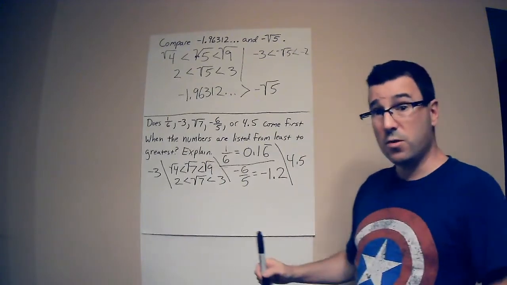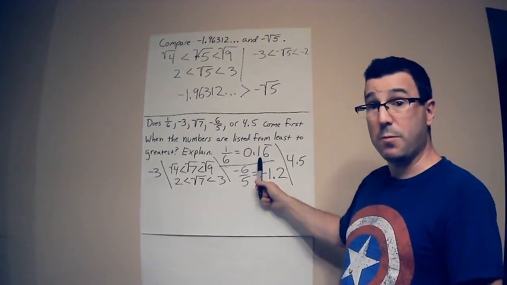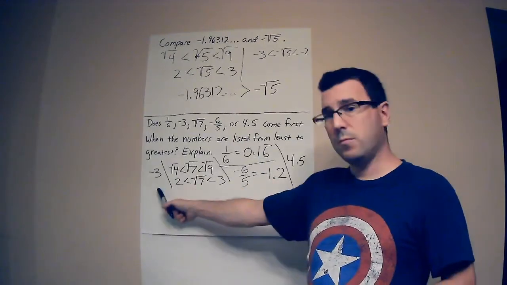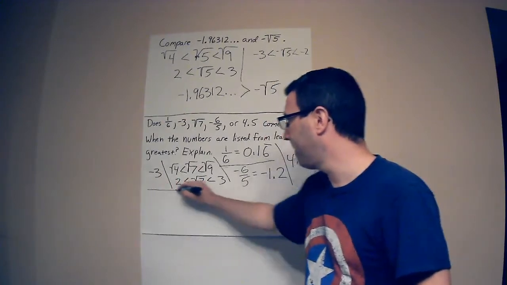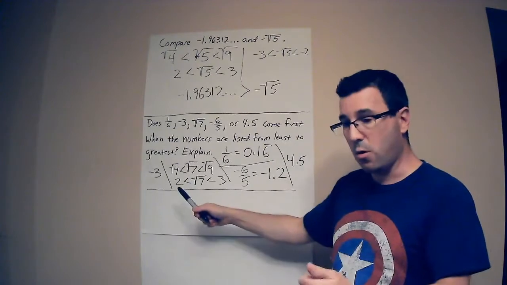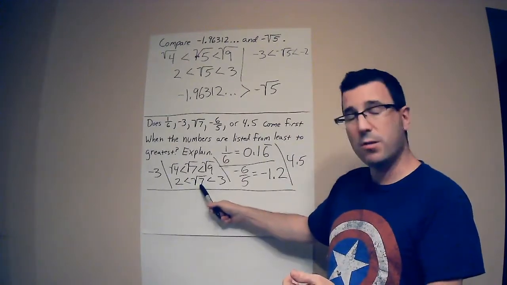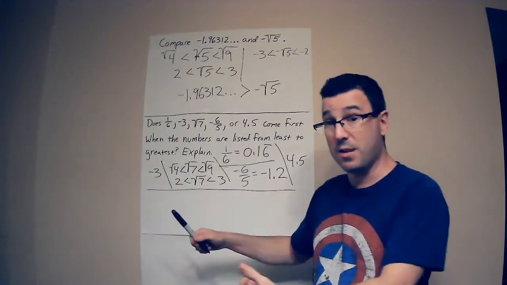So first off, which of these is the least? 0.16 repeating is small. Negative 3 is smaller. Square root of 7 falls between positive 2 and positive 3, so it's going to be bigger than negative 3.